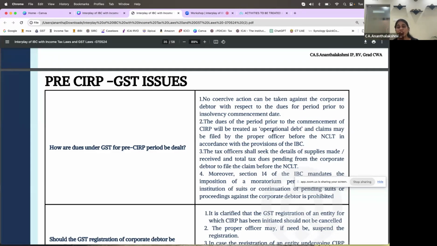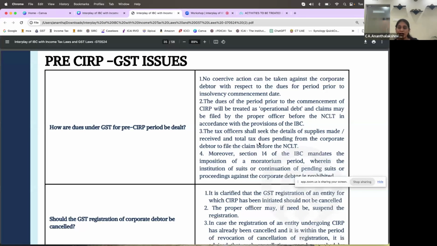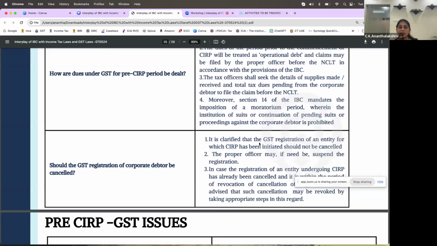The tax officer shall seek the details of the supplies made or received and the total tax due pending from the corporate debtor to file the claim before the NCLT. He has to submit the claim like a third-party operational creditor, and he has to follow that route alone. No new route or special route has been given for government departments. We know Section 14 imposes the moratorium. Then we'll move to the next question.